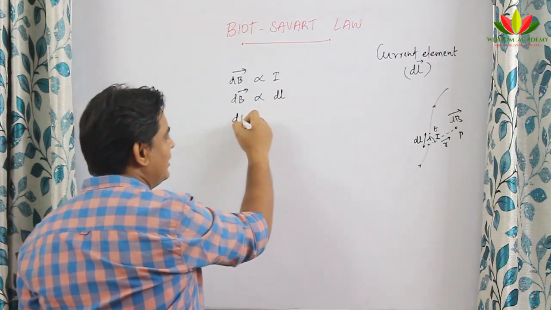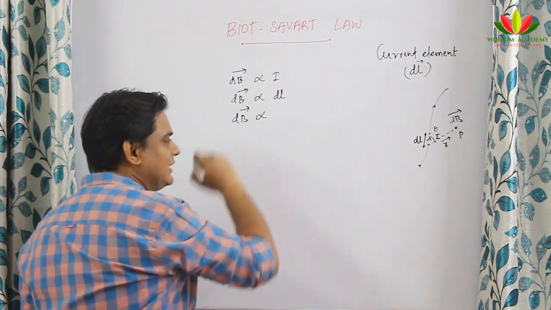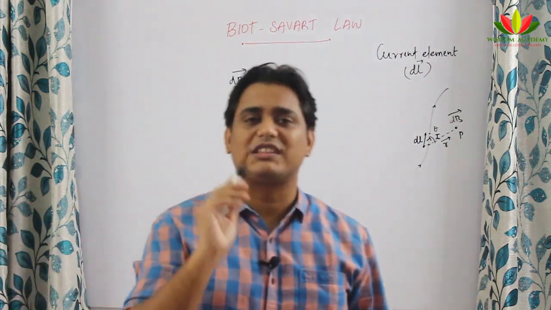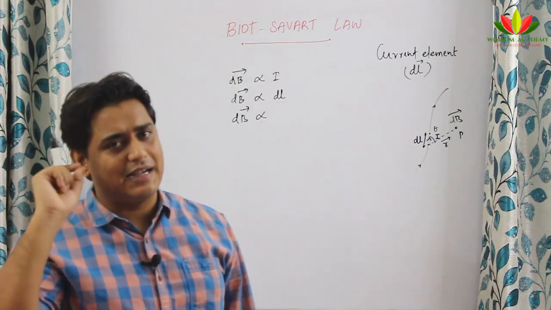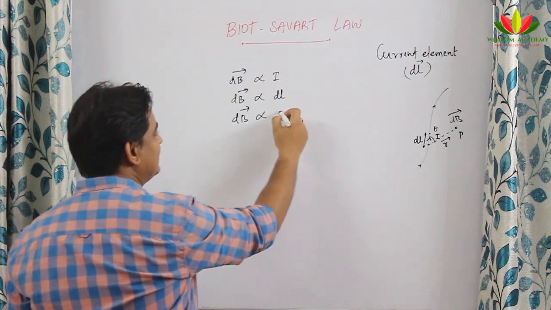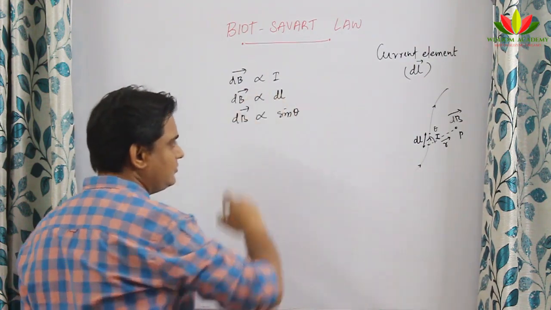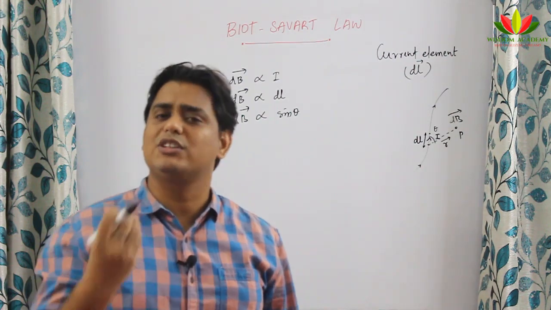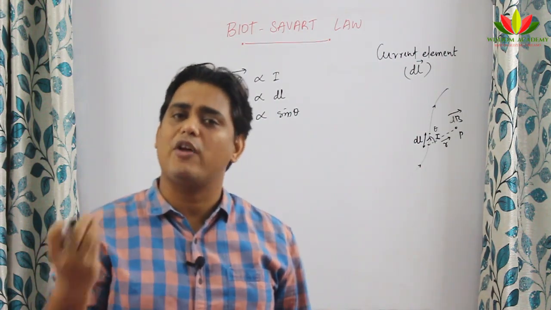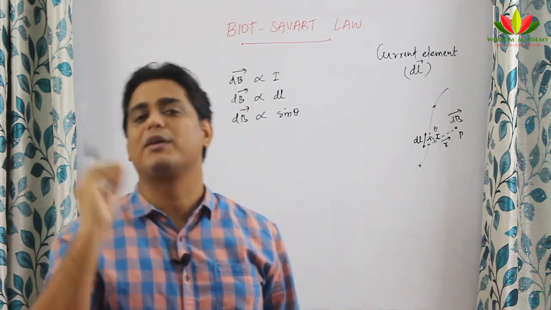It was also found that this magnetic field is directly proportional to the sine of the angle between the current element and the r vector. I will say that angle is theta, so sine theta. And it was found that the magnetic field was inversely proportional to the square of the distance of that point from the current element.